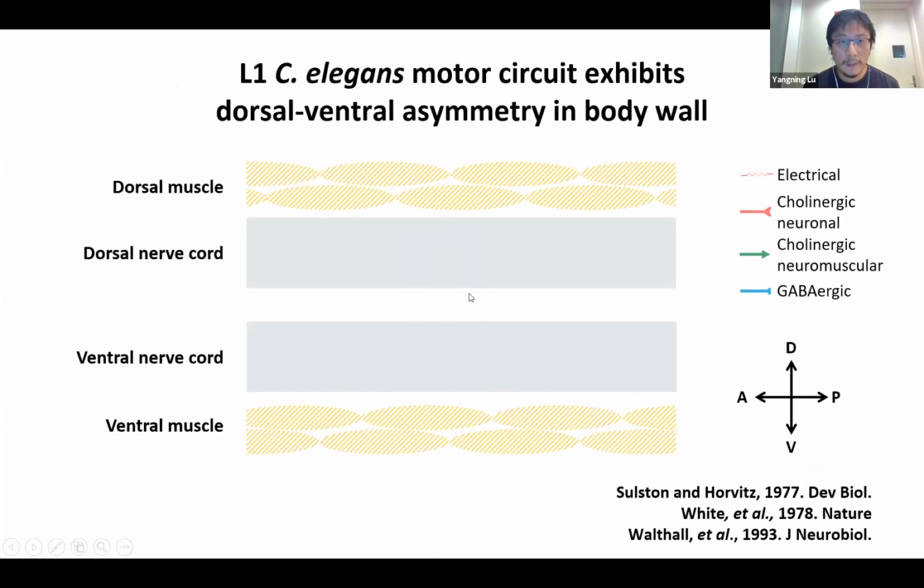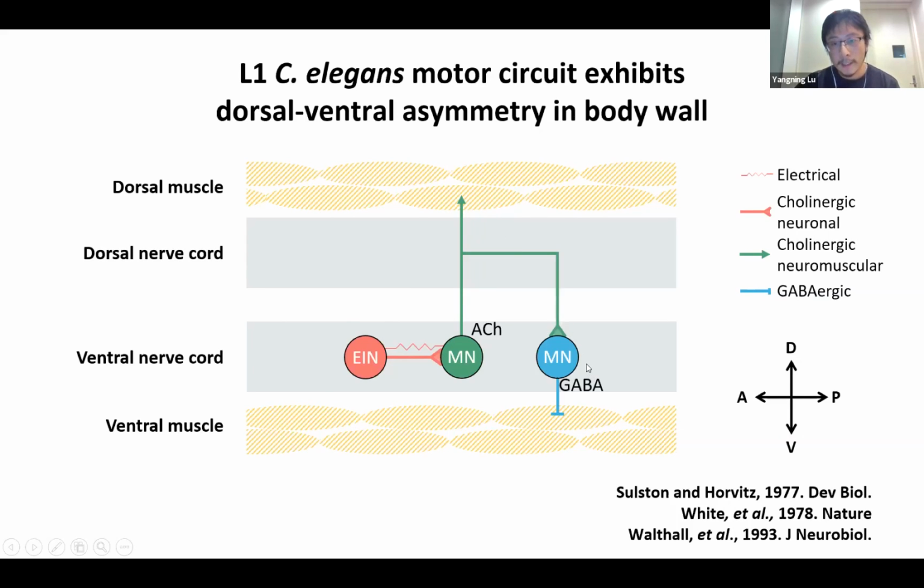However, if you look at its locomotor center, it's very surprising that it's composed of a highly polarized dorsal ventral wiring system. Specifically, it's composed of excitatory premotor interneurons that synapse onto excitatory motor neurons, which is acetylcholine releasing neuron, that only activates synapses onto the dorsal muscle.